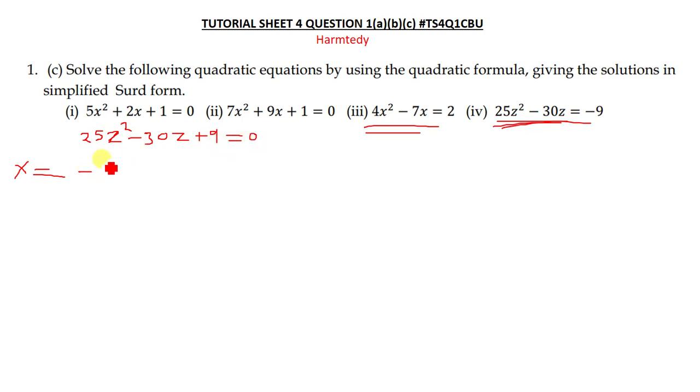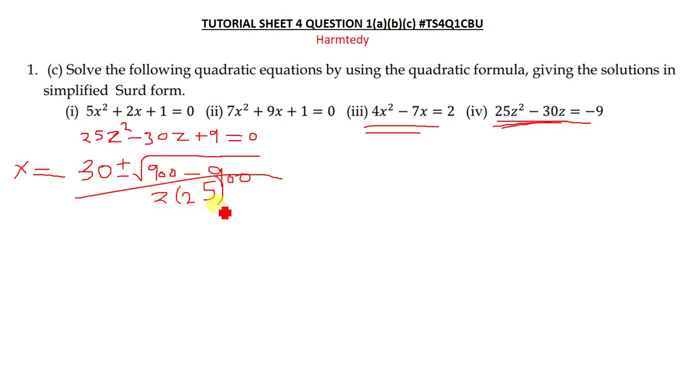So negative b will be just negative 30, which is just going to give us positive 30 plus or minus the root of b squared, which is negative 30 squared, will give us 900. 900 minus 4 times 25, which is 100. 100 times 9 gives us again 900. Then everything divided by 2 times 25, which is 50.